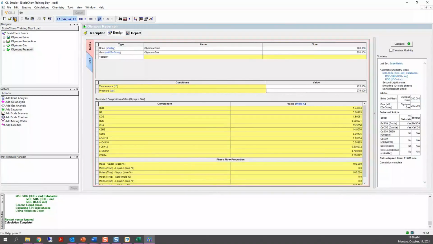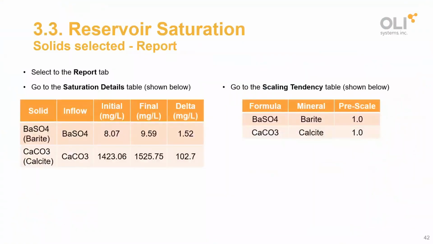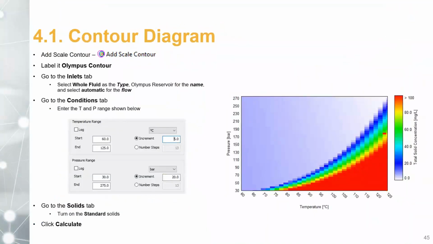There is a last object I want to introduce today, and that is the scale contour diagram. I find that I've seen clients use it a lot because this contour diagram can be used as an IOW, an integrated operating window.